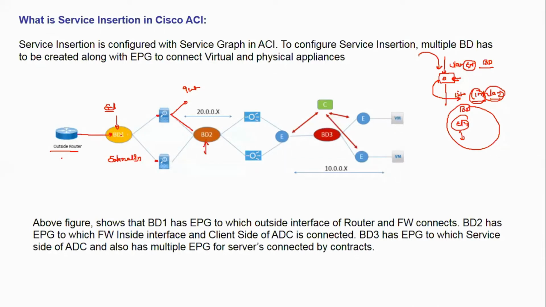Once your traffic reaches the firewall, it will send the traffic to the internal bridge domain. Then if there is a load balancer configured, the traffic will hit the load balancer, and from the load balancer it will go to bridge domain 3 where all your endpoint EPGs reside. And if these endpoints want to communicate with each other, they have a contract to do that.